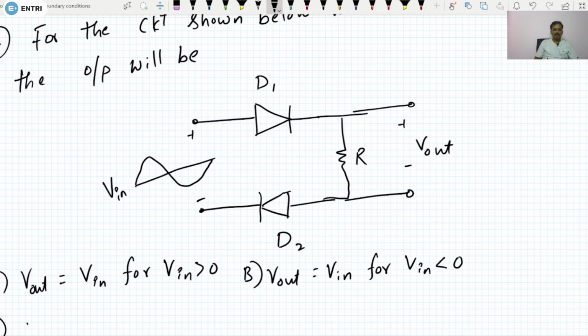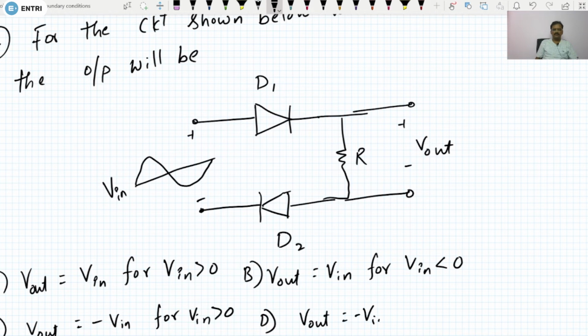Option C, V out equal to minus V in for V in greater than 0. Option D, V out equal to minus V in for all V in. So this is what they have given as the options here.